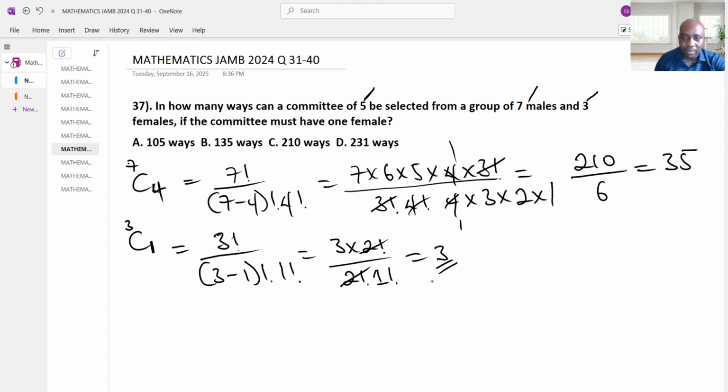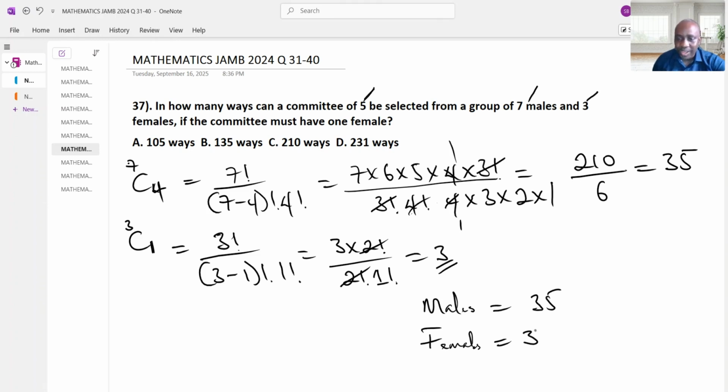Now we multiply these two together, for the male and the female. What do we have for the male? We have 35. And for the female, the number of ways is 3.